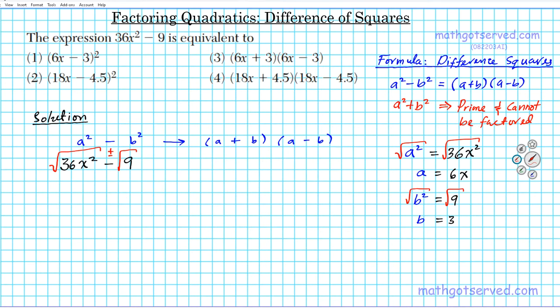That yields the factored form: a plus b, which is 6x plus 3, times a minus b, which is 6x minus 3. So there goes the factored form of the quadratic expression 36x squared minus 9. The answer to this question is option number 3.